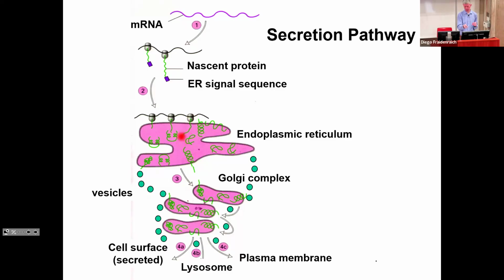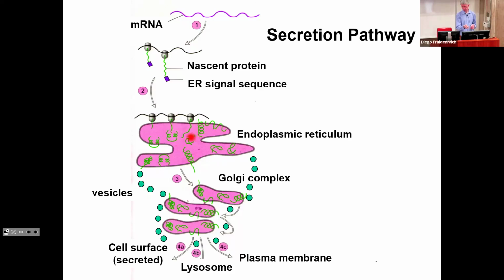It could be import into the lumen of the endoplasmic reticulum, like the matrix, but lots of proteins could also just be stuck in the membrane of the endoplasmic reticulum, similar to what I was just saying with the mitochondrial proteins, which have a hydrophobic stretch and would be stuck in the membrane. So some are either imported into the lumen, some are stuck in the membrane.